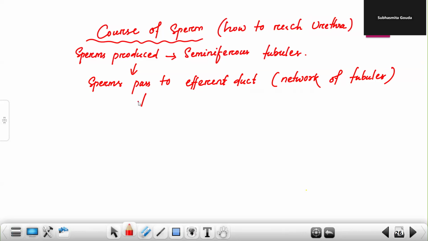Then, after that, it will go through the vas efferens, then the epididymis. In the epididymis the sperm is stored.